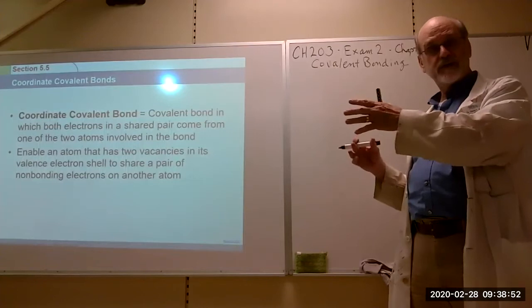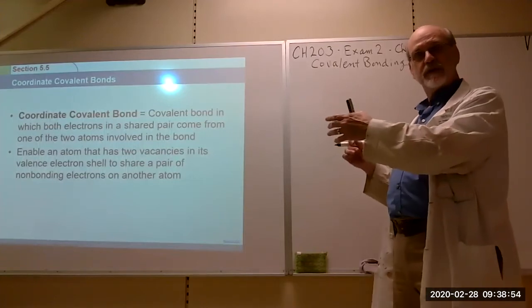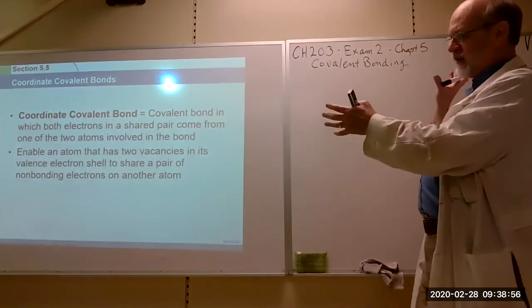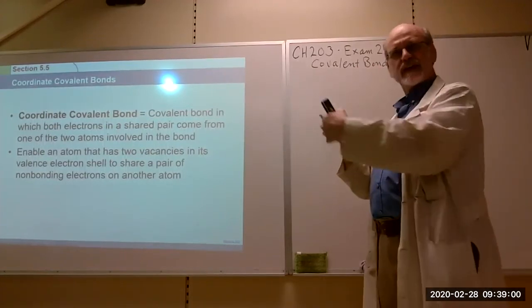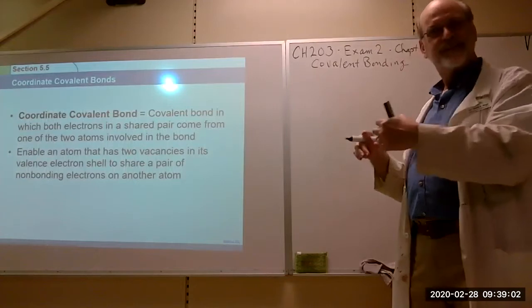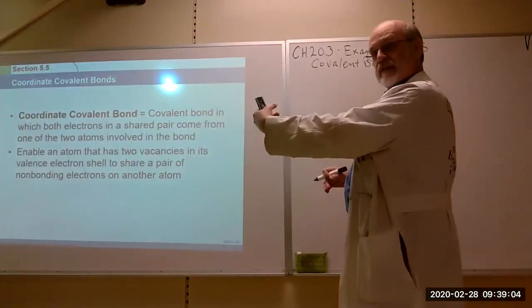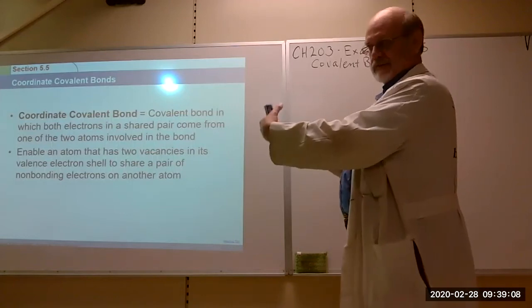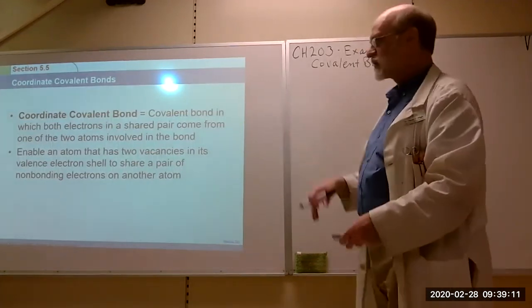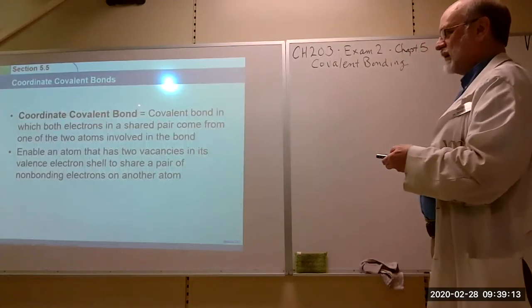They're still shared. It's not a complete transfer. So you get electrons being donated from one atom into the bond. And then it's kind of like a parasite. You know, this guy doesn't give you anything, but he gets a bond out of it. This guy gives everything, but he gets a bond out of it. That's called a coordinate covalent bond.